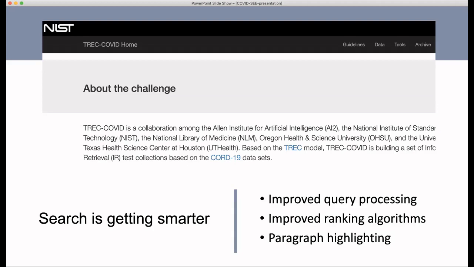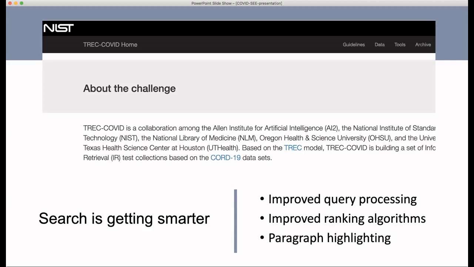They're using neural methods to improve query processing, to improve the ranking algorithms. They're also adding in some user-oriented capabilities like paragraph highlighting to focus the attention of the searcher to the specific parts of what's probably a long document where the terms that match the query appear. And so, search is definitely part of the answer to how to deal with this growing body of literature.